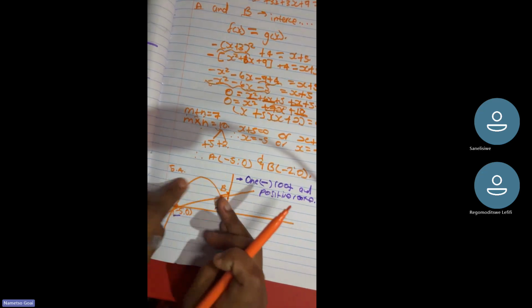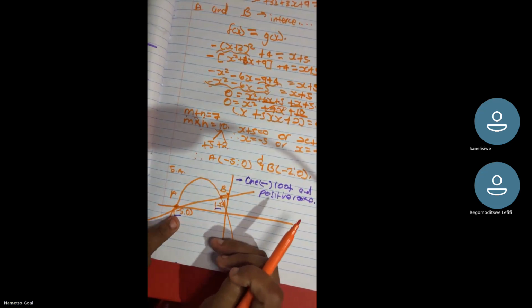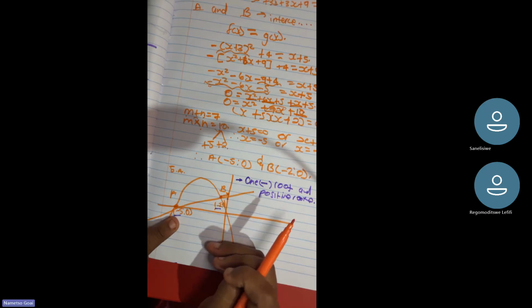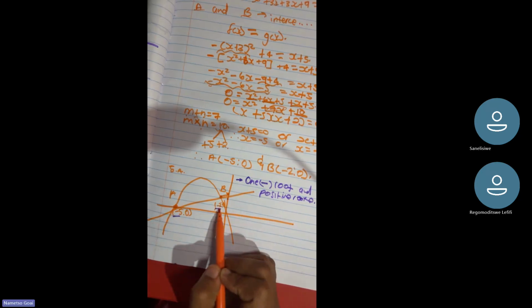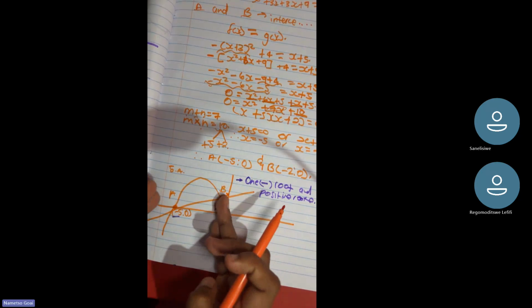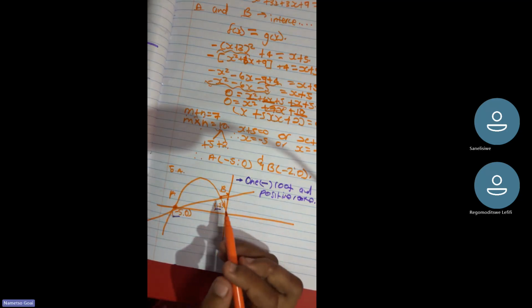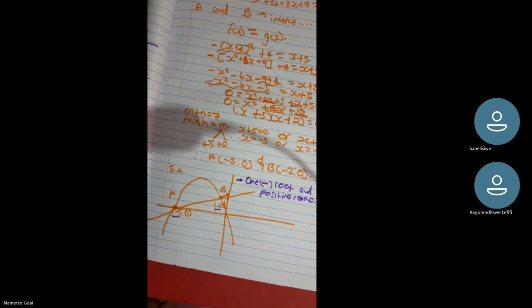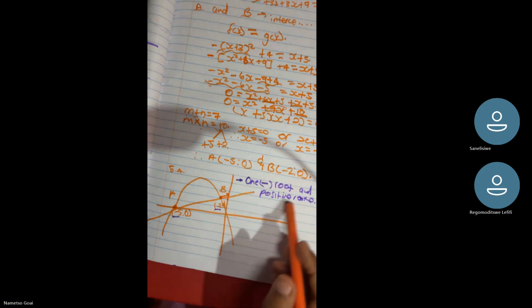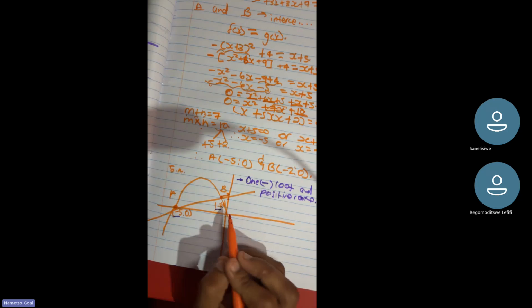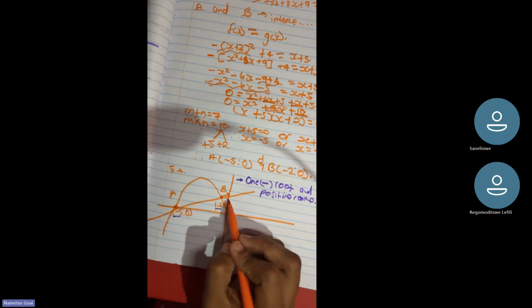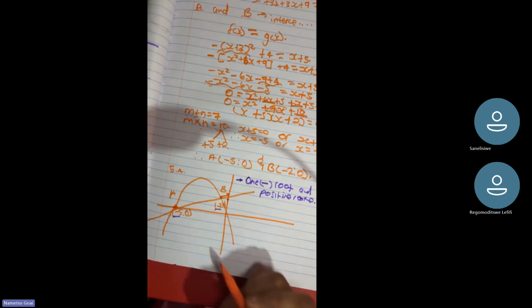So we have to perform operations so that we can have this negative 2 at least being shifted 2 units to the right, so that it can have one positive. Because if we shift this negative 2 units to the right, it will be like over here and it will lie on the positive.